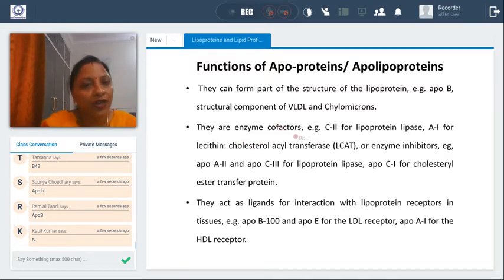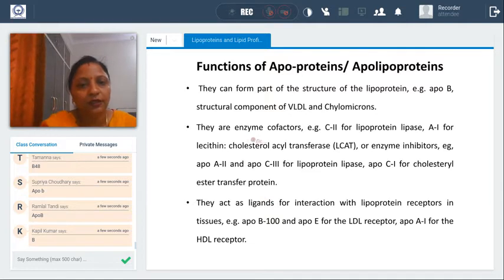They are enzyme cofactors. C2 for lipoprotein lipase, and A1 for lecithin cholesterol acyltransferase, LCAT, which is an important point we will discuss in detail. Or enzyme inhibitors: ApoA2 and ApoC3 for lipoprotein lipase, and ApoC1 for cholesterol ester transfer protein.